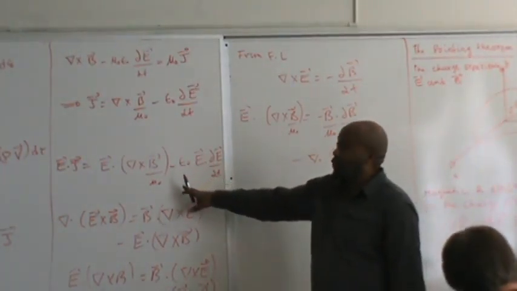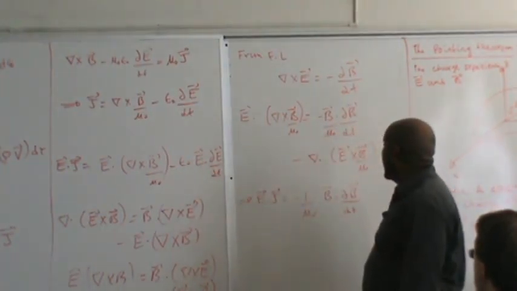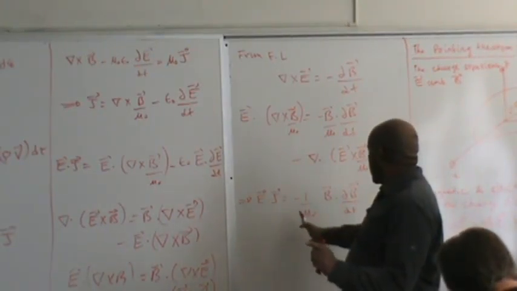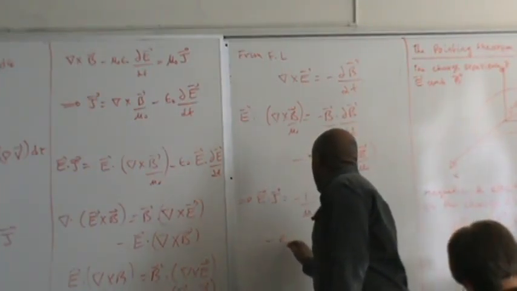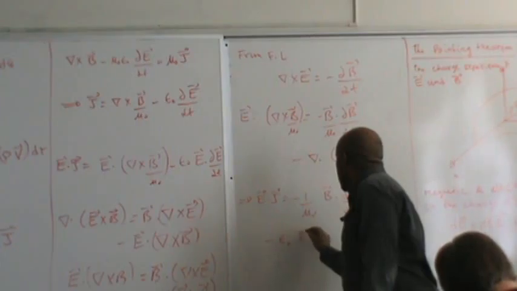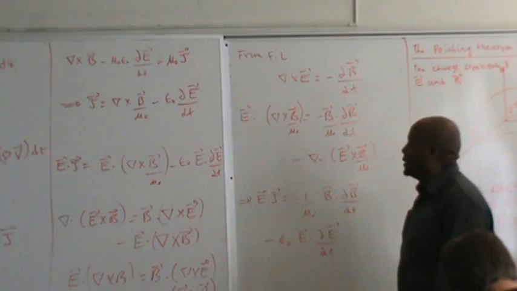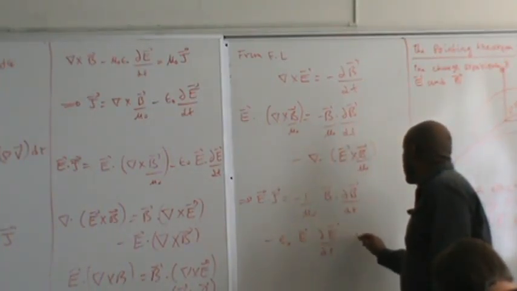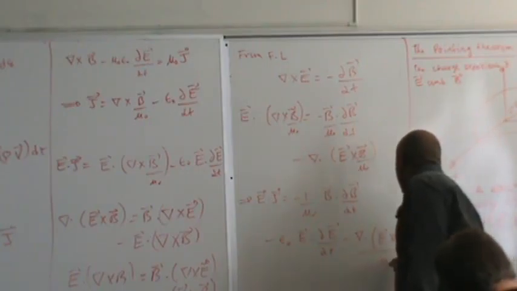So now if I write this one first, because these two are related and they are going to lead to a very important result that we saw last semester. So minus epsilon naught into E dot dE by dt, and this time minus the divergence of E cross B over mu naught.